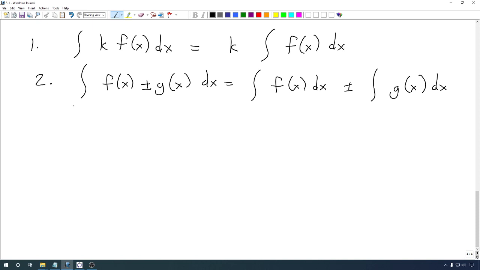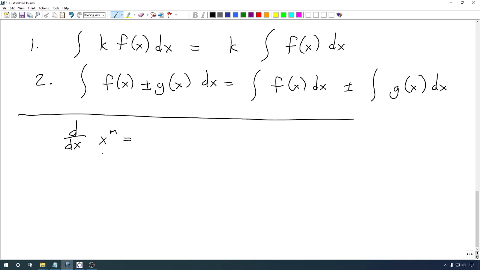Well, speaking of polynomials, let's take a look at powers. Can we get a power rule for integration? Well, remember, we are starting with the idea of differentiation. So what if we differentiate a power? We have our power rule for differentiation, where we take that power.